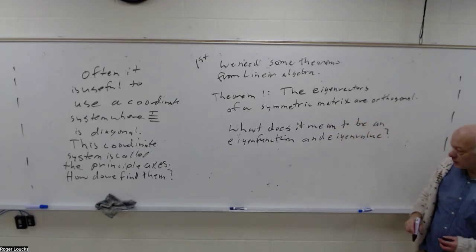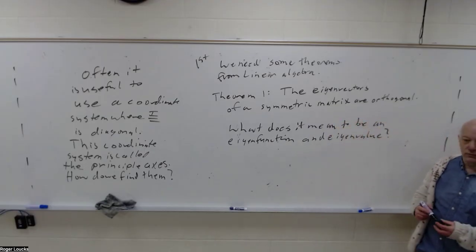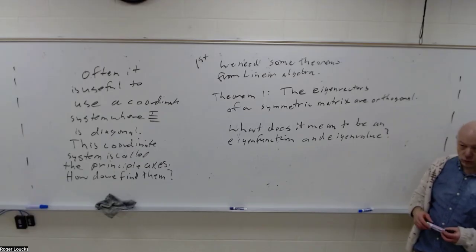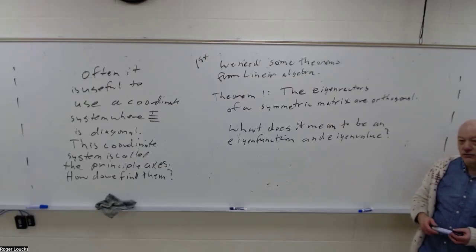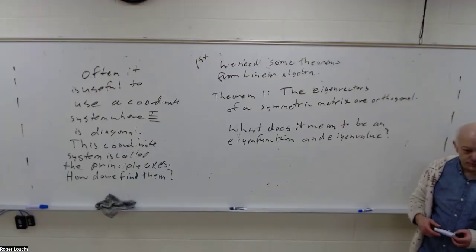For those of you taking modern, you don't do quantum mechanics without this. So, U4, you tell me what you know about that. What does it mean to be an eigenfunction? You have an operator acting on your eigenfunction. What do you get back? You get your eigenvalue and your eigenfunction back. So you get the function back multiplied by a constant.